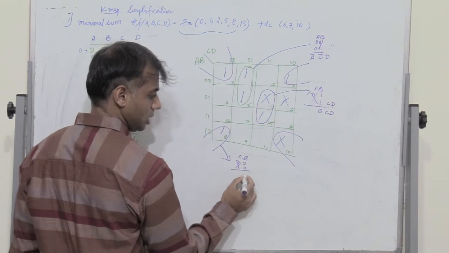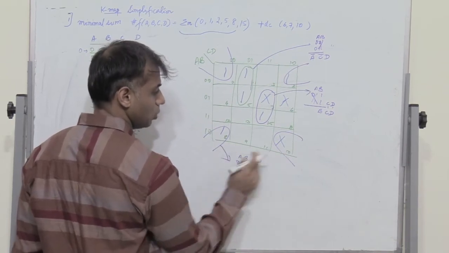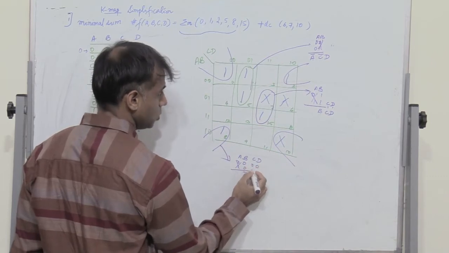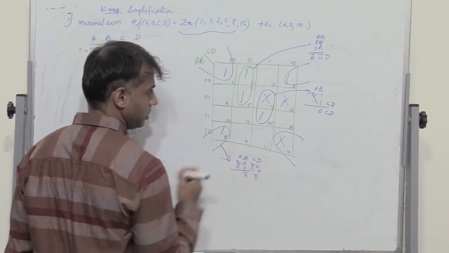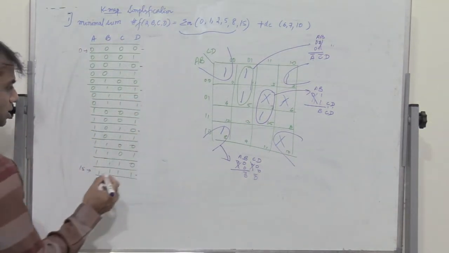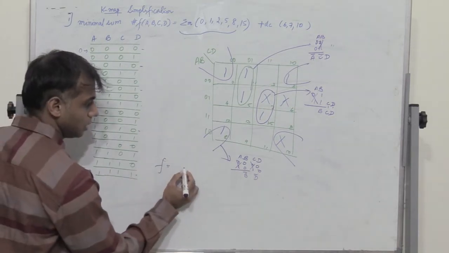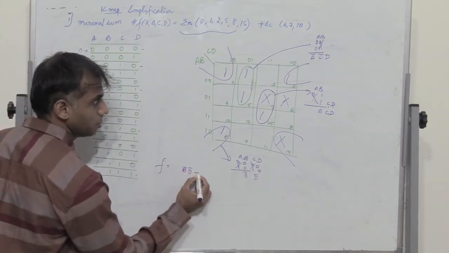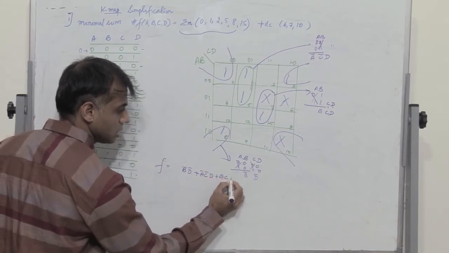So A gets eliminated, so I have B bar. CD, column 1 and column 4, which is again 0, 0 and 1, 0. So C gets eliminated, I have D bar. So the final expression, the minimal sum, is going to be B bar D bar plus A bar C bar D plus B C D.